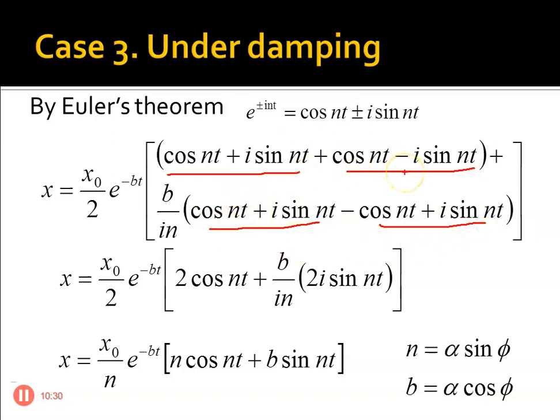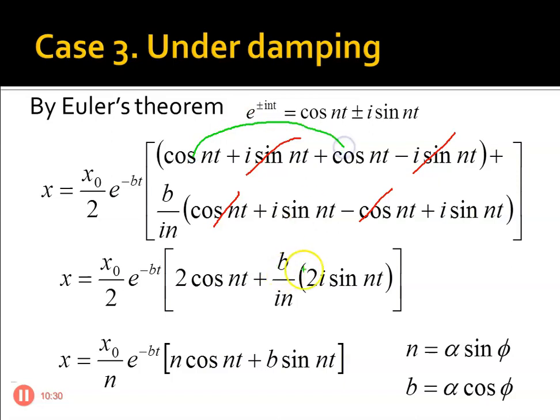Then when we substitute these, minus i sin nt and plus i sin nt will get cancelled. Similarly, minus cos nt plus cos nt will get cancelled. So you will be getting 2 cos nt and similarly 2i sin nt. Then the 2 will be taken as common outside, so that this 2 and this 2 will get cancelled.